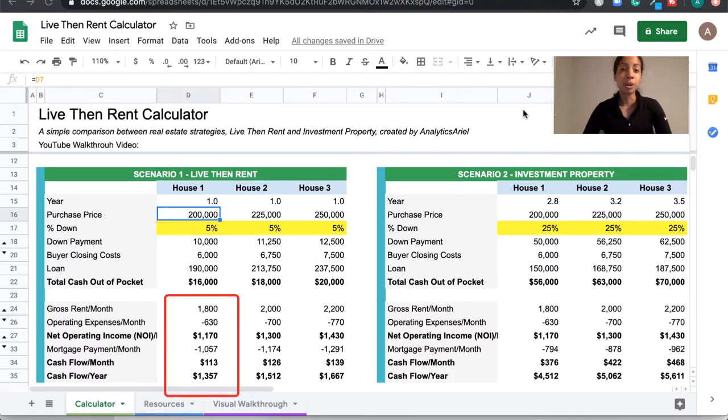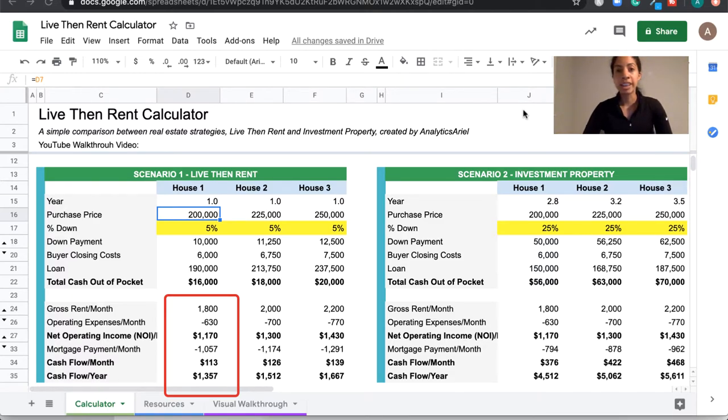Based upon your input earlier for rent, you would now see the rent there and then an estimated operating expenses per month, which if you want to, you can adjust in those hidden rows. After, you'd see the net operating income. This is before you pay the mortgage, which comes into the next cell. And afterwards, once you deduct the mortgage, you have $113 in cash flow, which means after all expenses, this is how much actual cash you have.